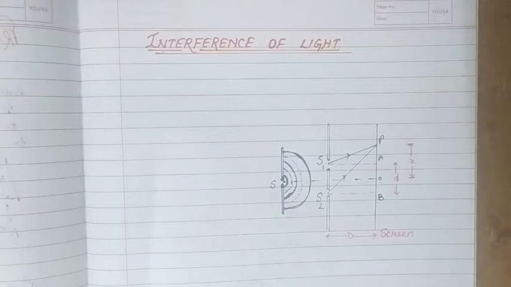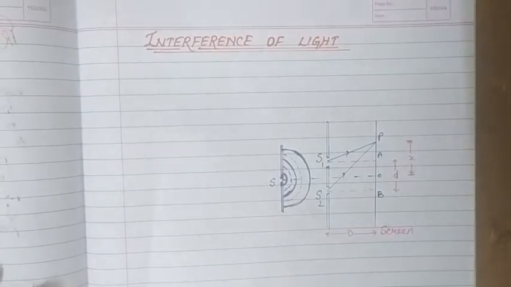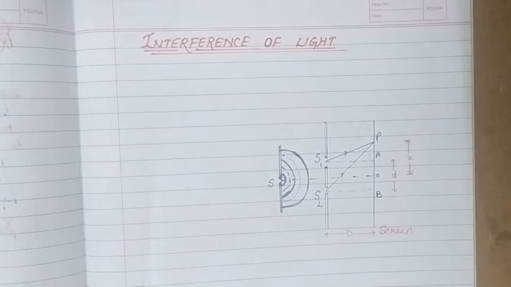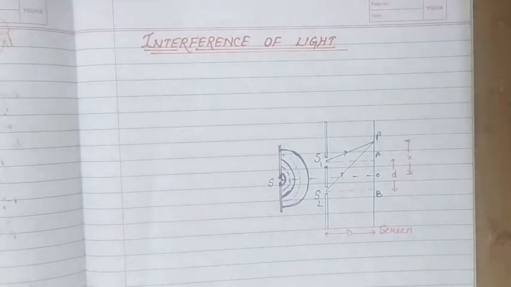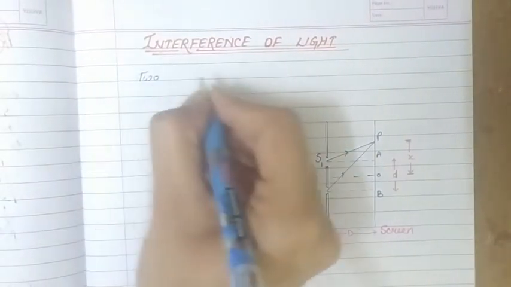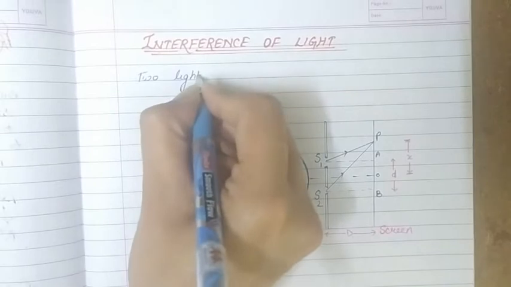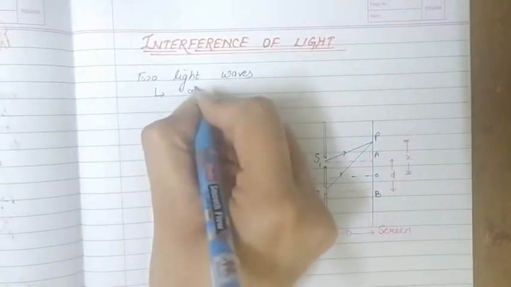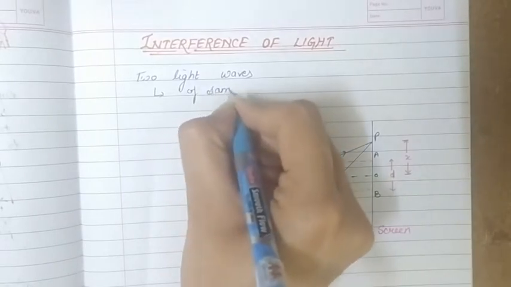To understand interference of light, we have to assume that there are two light waves which have the same frequency, are traveling in the same direction, and have either zero or constant phase difference. So we are considering two light waves of the same frequency.